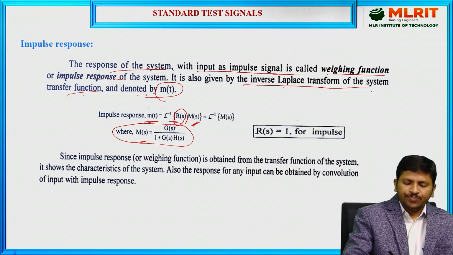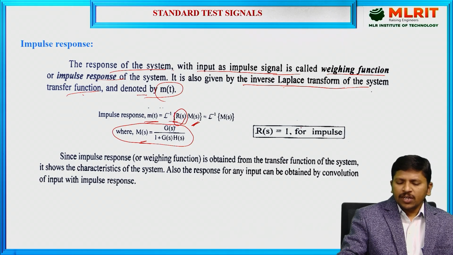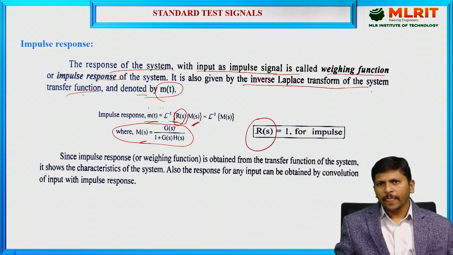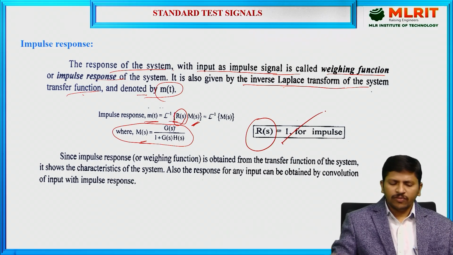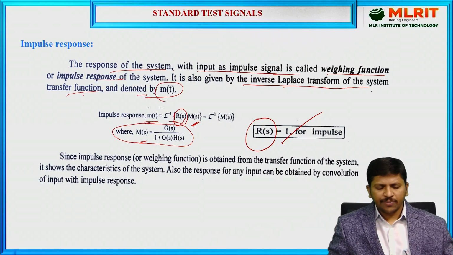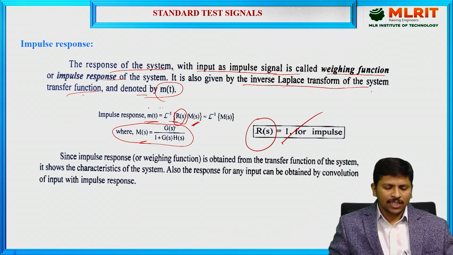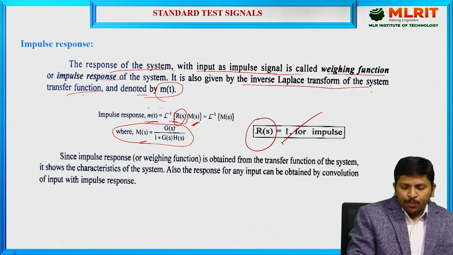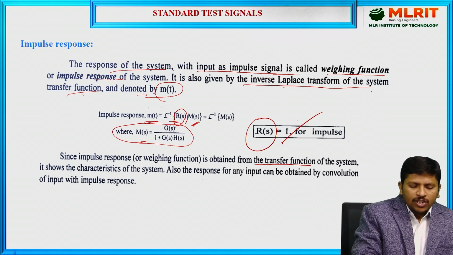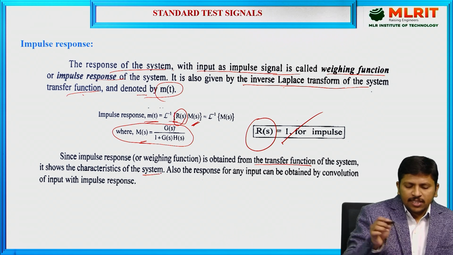The input impulse signal R of s is our input, and the impulse signal in the s domain equals 1. The weighted function or impulse response is obtained from the transfer function, and it also shows the characteristics of the system.